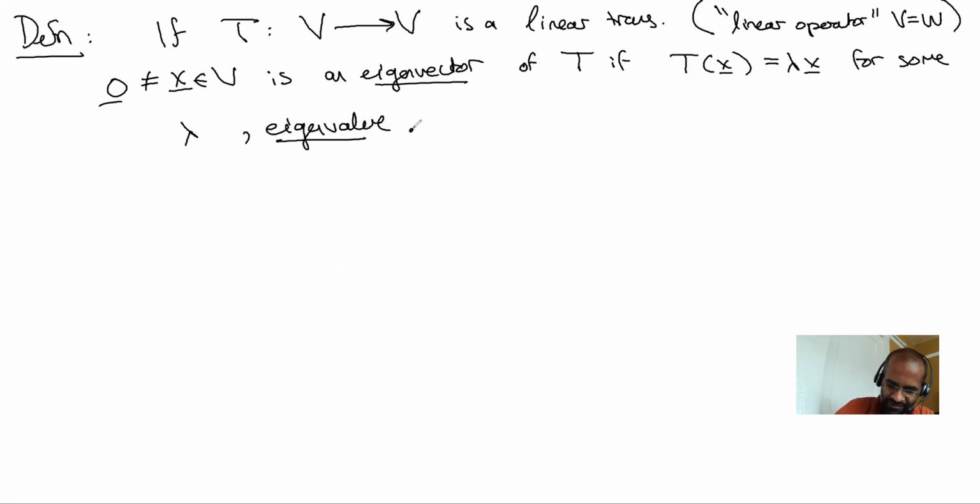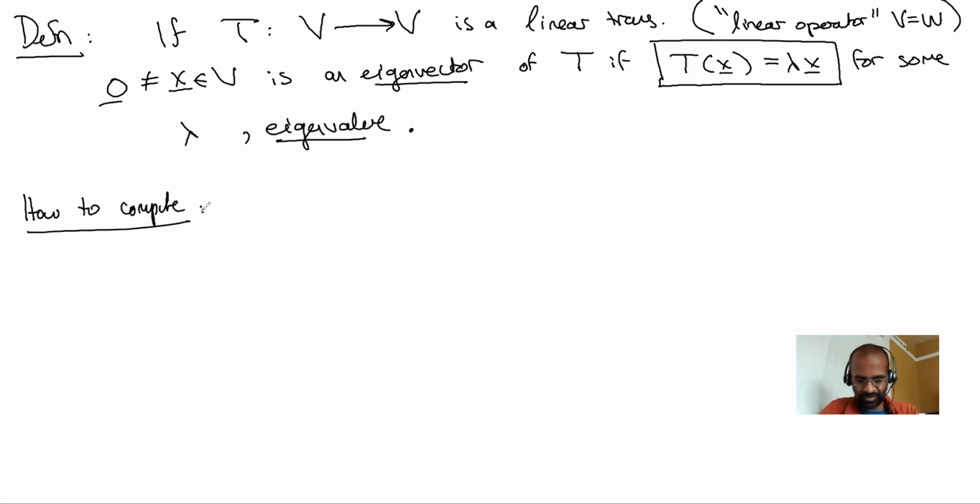Well, you would get some equation here and you could just try to solve it using some sort of maybe abstract reasoning. Or you could turn it into a question about matrices. So how to compute? Well, how do you turn a linear transformation into a matrix? What do you need? We need one more ingredient.